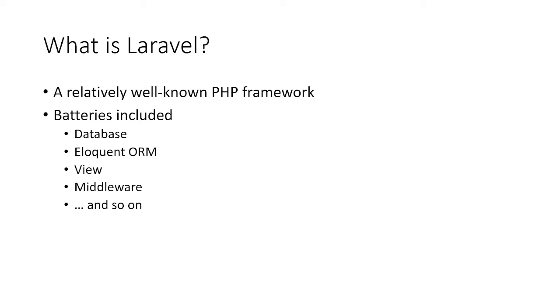All right, so where am I? Next we have a view. A view is basically a way of representing data, but you can also render web pages with it as well. Then there's also middleware.